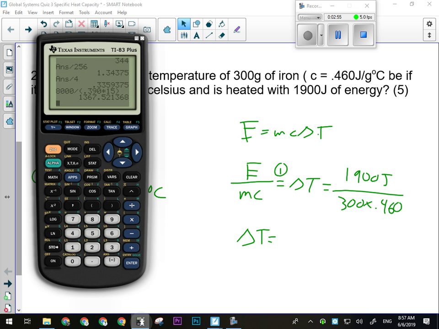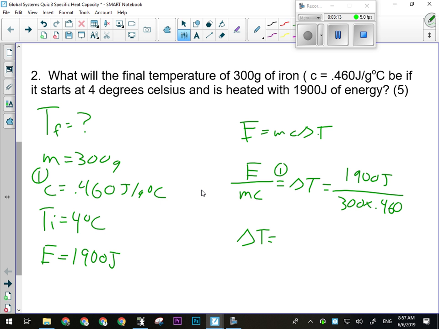So the change in temperature will be 13.768 degrees is what we're looking for here.